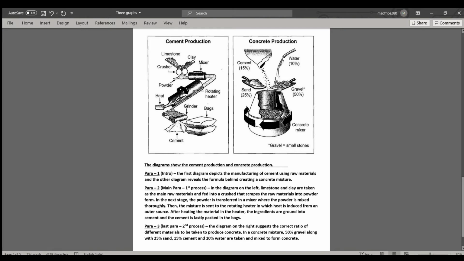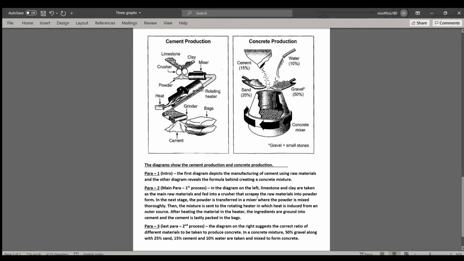These two things are definitely the main raw materials used in cement production, and they are fed into a crusher. Now this is the crusher. A crusher is something that grinds the material.